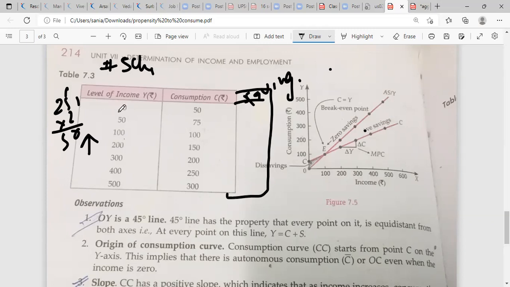You can say at 0 level of income you are consuming 50. So from where is this 50 coming? From savings itself, so it is minus 50. Then at 50 income, consumption is 75. So 50 you have already. How much extra do you need? 25. So that you will consume from savings. So it will be like this. You have to find it out quickly. I'm giving you 5 minutes.